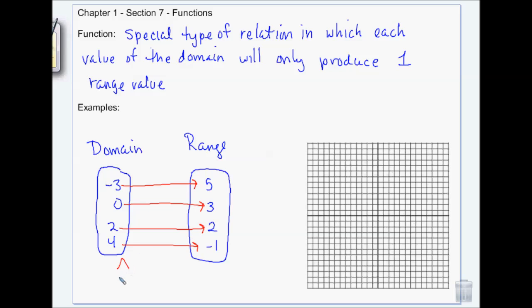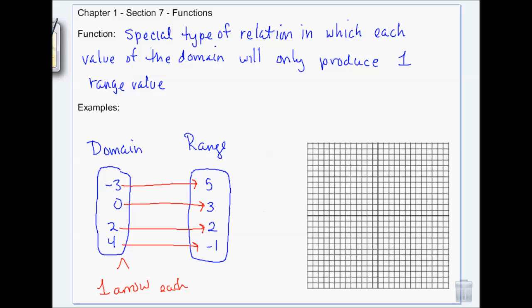So on this side, you'd only have one arrow each. Each one of these only has one arrow because it only goes to one range value.